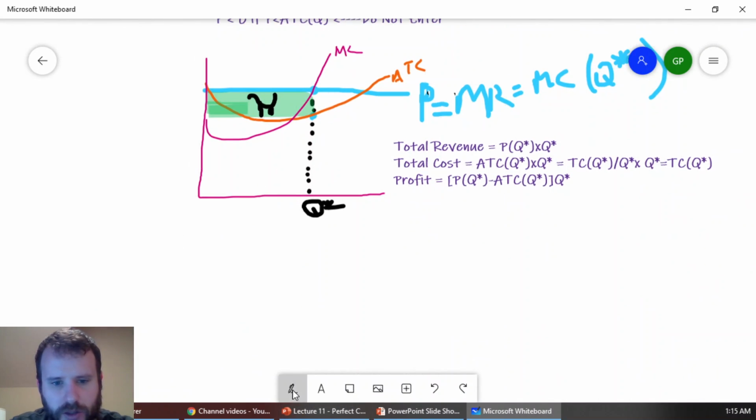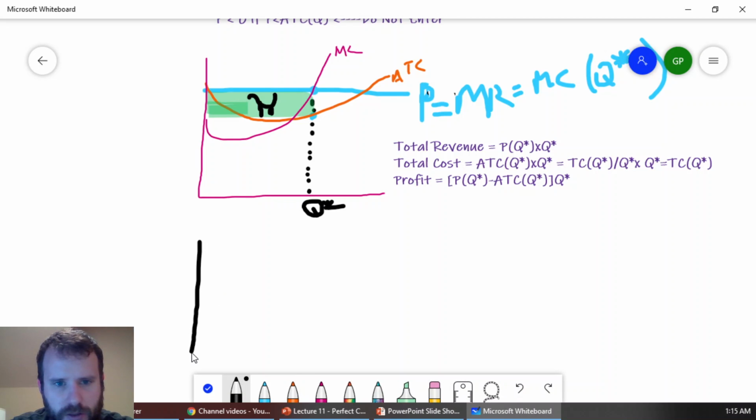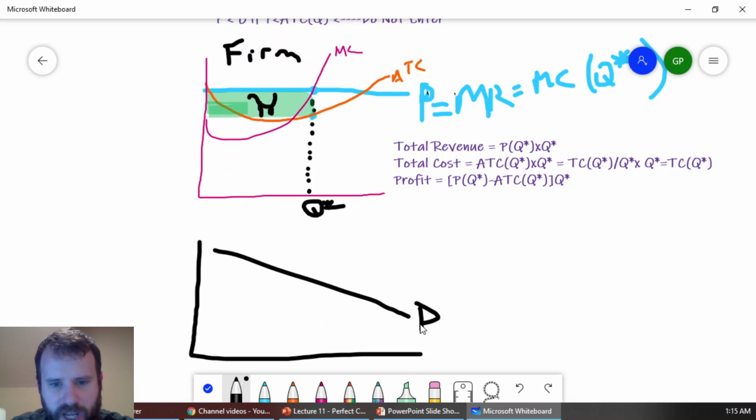Okay, in the long run, so this is the firm. In the long run, here's your demand. Here's your supply. Well, as firms enter, that's going to shift your supply out.